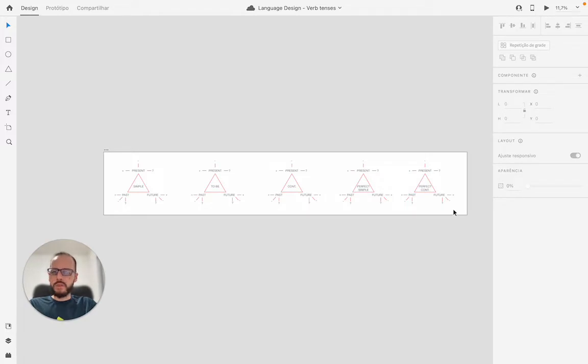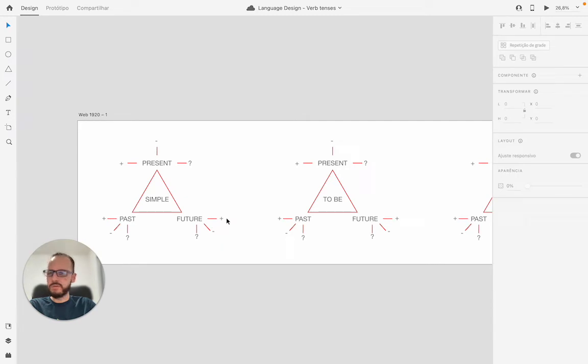So the student doesn't have to understand a list of 15 different tenses. The student understands that there are 5 tenses, and the same dynamics happen in all of them: past, present, future, affirmative, negative, and interrogative.